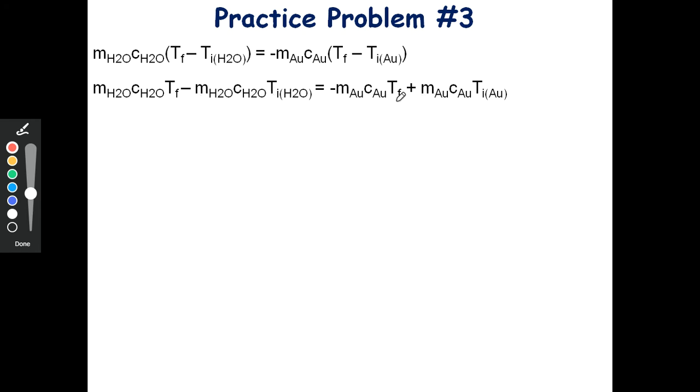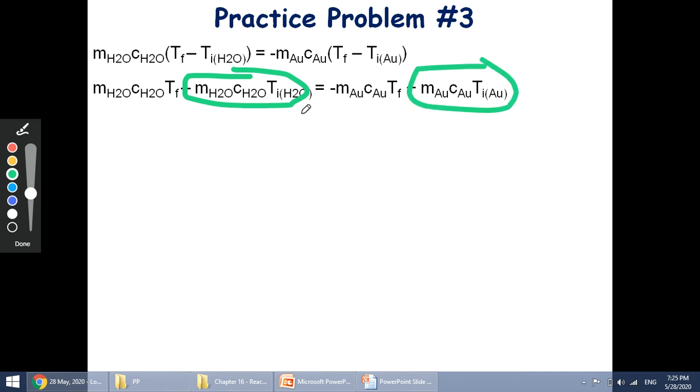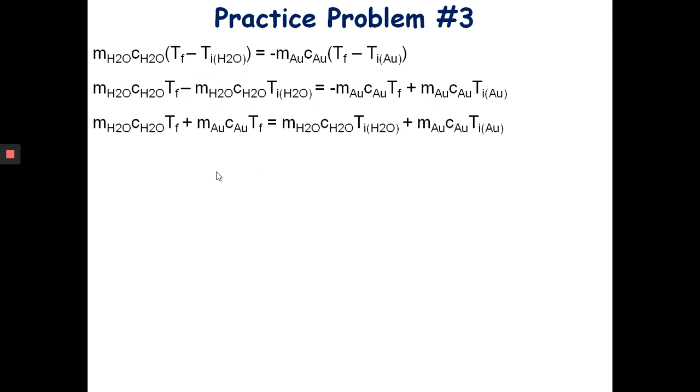So I'm going to put this term and this term to the left, while the ones that don't have a Tf, like this term and this term, to the right. So let me move the terms around. Once I move it around, it's going to look like this.